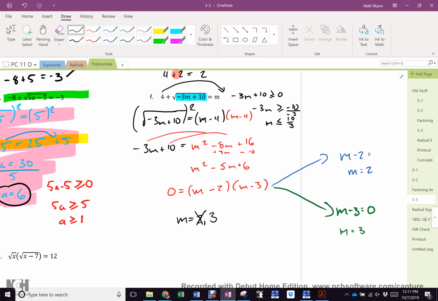Now let's check 3. What is negative 3 times 3? Negative 9. What is negative 9 plus 10? 1. What is the square root of 1? 1. 4 plus 1 equals what? M. What is M? 3. Does 4 plus 1 equal 3?